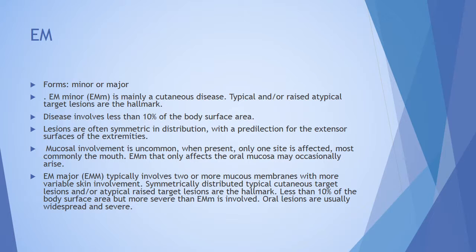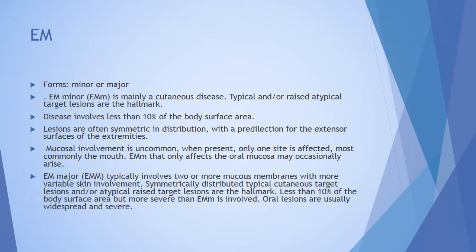Mucosal involvement is uncommon. When present, only one site is affected, most commonly the mouth. Erythema multiforme minor that only affects the oral mucosa may occasionally arise. What about the major one? The major involves two or more mucous membranes with more variable skin involvement, symmetrically distributed.